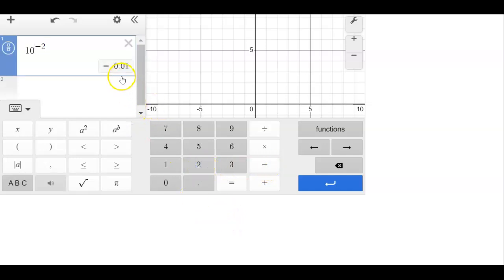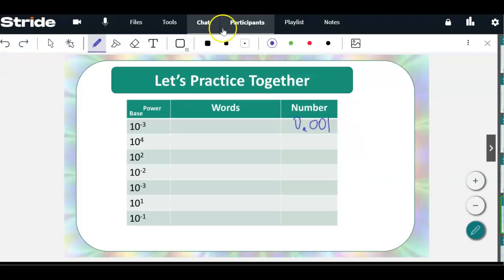It's 100th, because this is the tenths, that's the hundredths. So again, we have our 0 in front of the decimal, and then just the 0 and then 1. So the 1 is actually in that second place to the right of the decimal. This one was the third place to the right of the decimal.